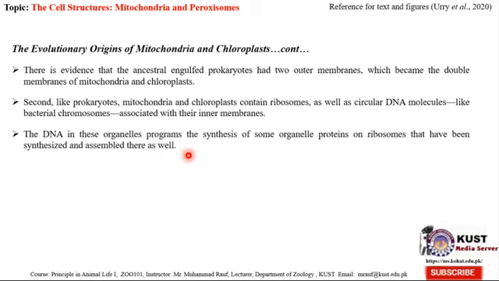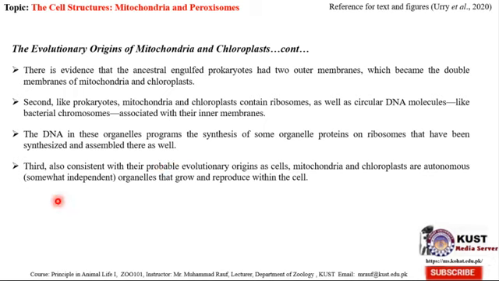So mitochondria is also known as a semi-autonomous organelle because some of the enzymes or the proteins which are vital for the survival of mitochondria and for its proper functioning are encoded by the mitochondrial DNA or the mtDNA, whereas it relies on the nuclear DNA for some of the proteins.